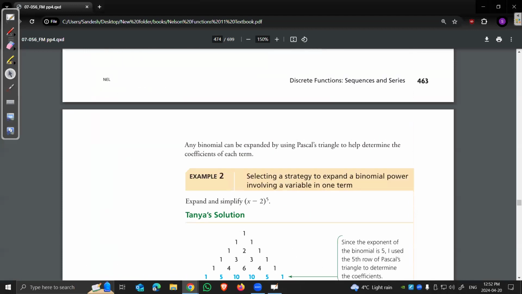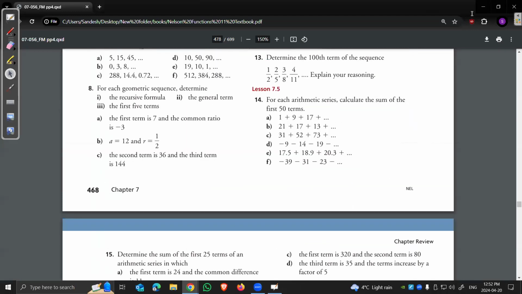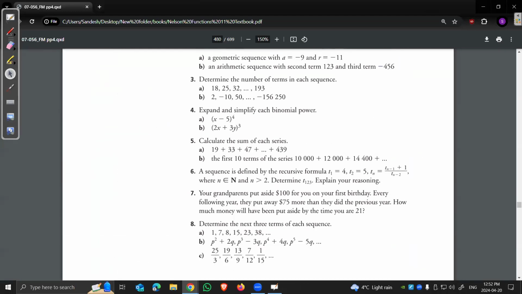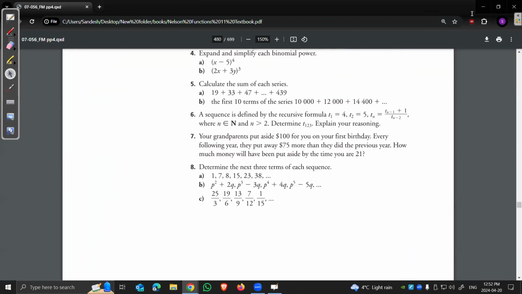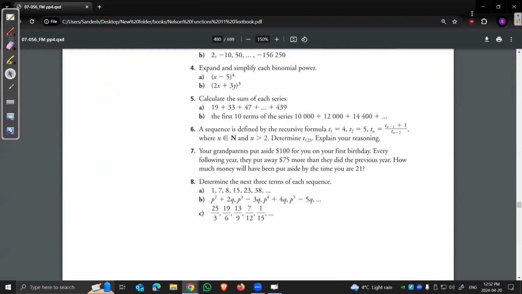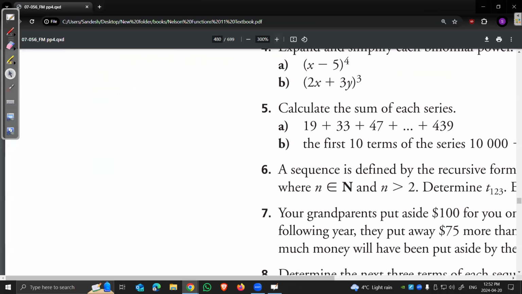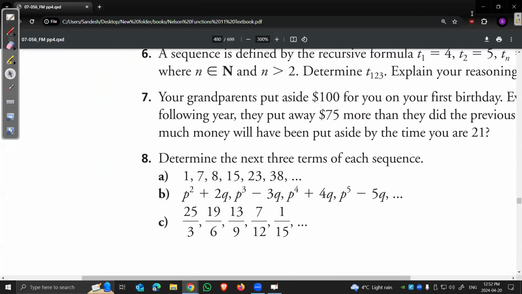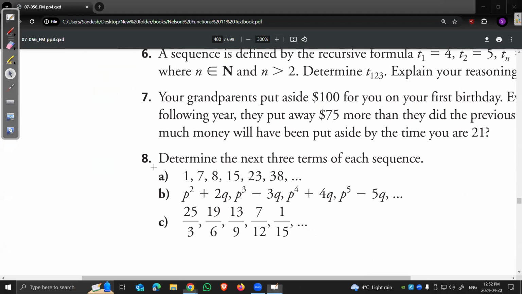Let's go right back. These ones, I always find them tricky.